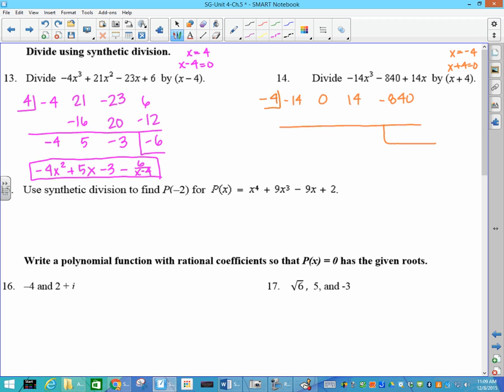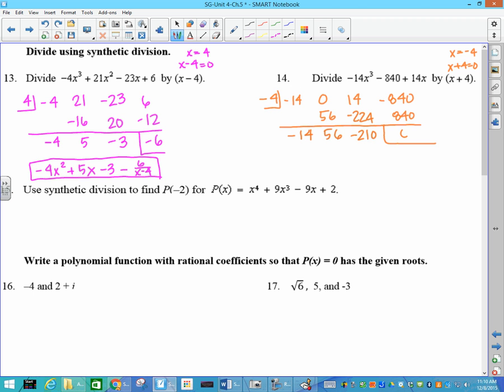So bring down my negative 14, and negative 4 times negative 14 is 56, and 0 plus 56 is 56. Negative 4 times 56 is negative 224, plus 14 is negative 210, and negative 4 times negative 210 is 840.